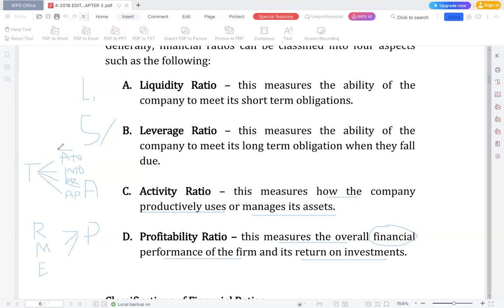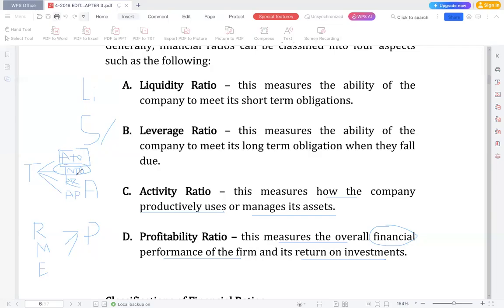Asset turnover is a ratio which shows how fast the asset of the firm produces revenue. Inventory turnover shows how fast the firm will sell its inventory to the customer.